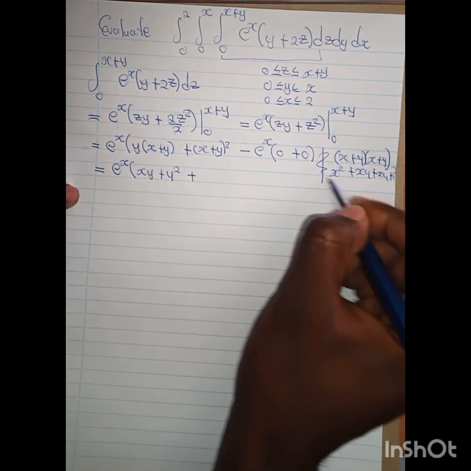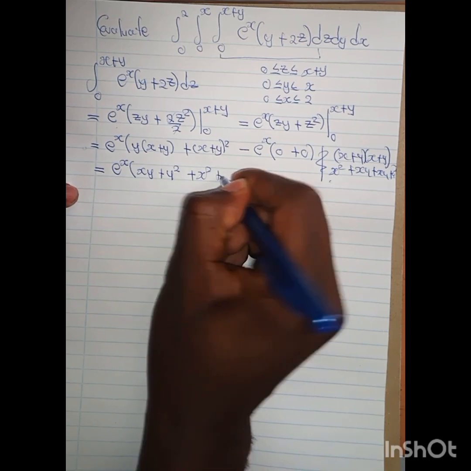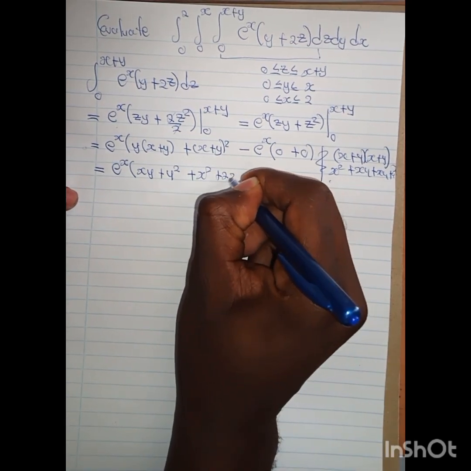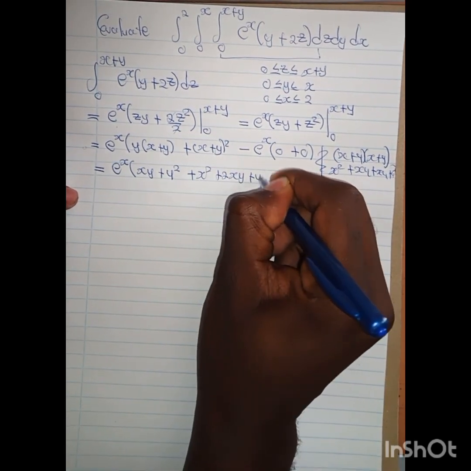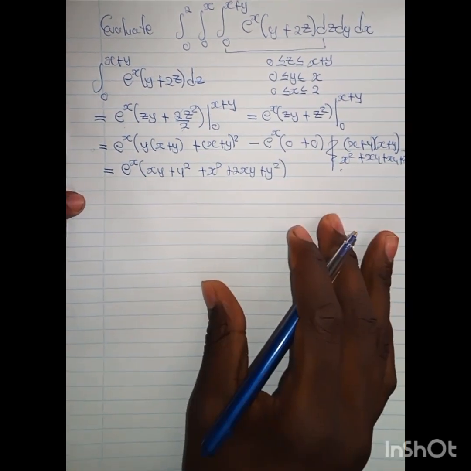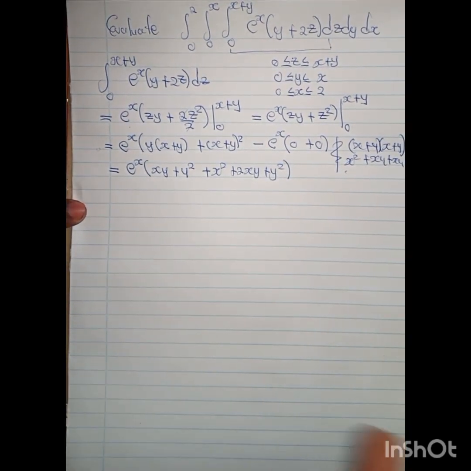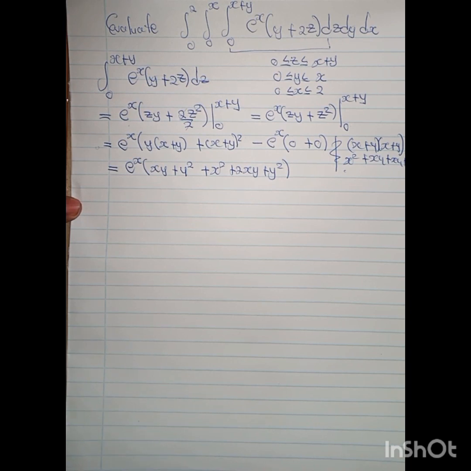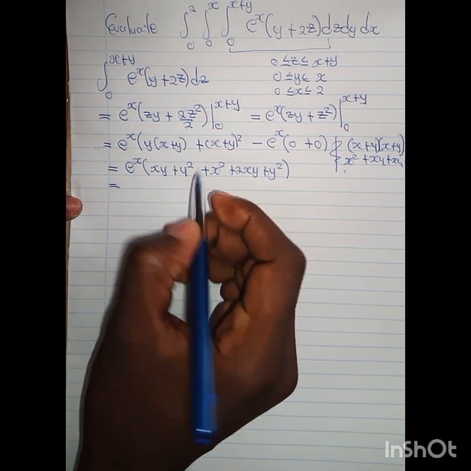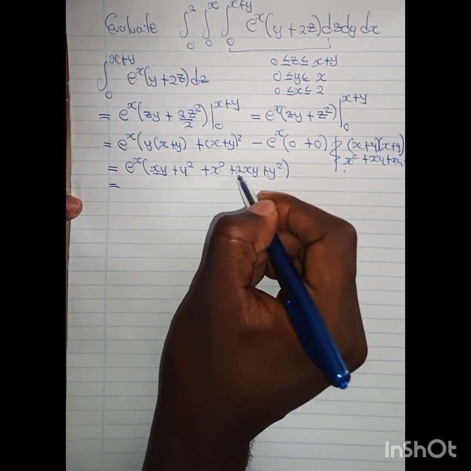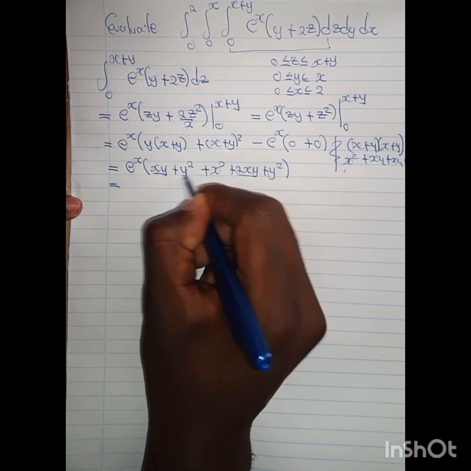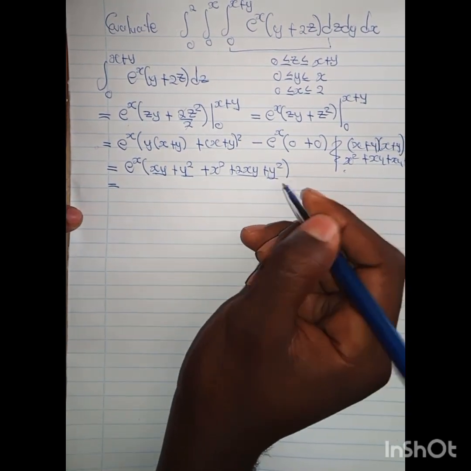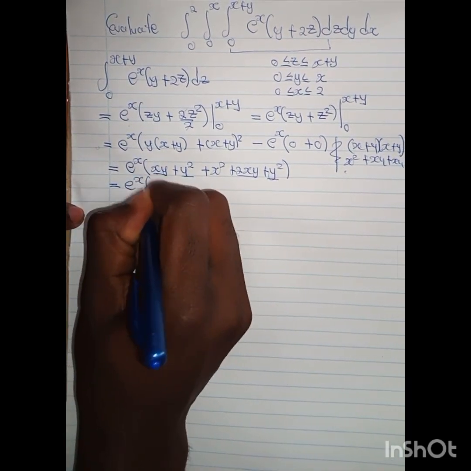Which finally gives us x squared plus 2xy plus y squared. Then let us check any possible like terms that we can have in this expression. We have xy and 2xy, and then we also have y squared and y squared.